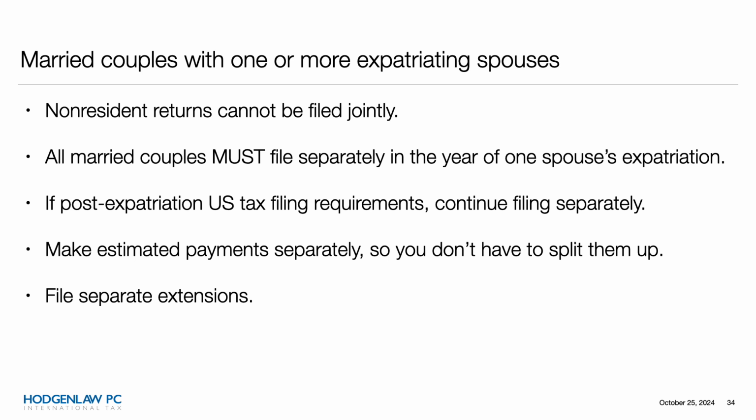That means it's a best practice to make estimated payments separately so you don't have to split them up. That can be kind of a pain. And you're going to want to file separate extensions as well. So, a lot of married couples plan to file jointly every year, and they forget in the year of expatriation that they need to file separate extensions and make payments separately.